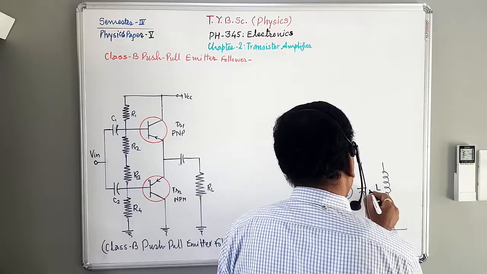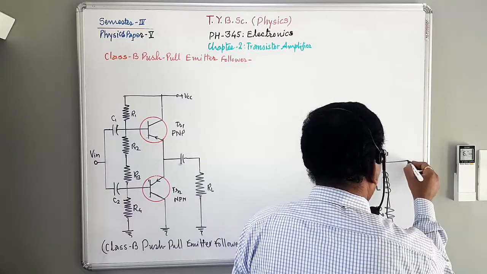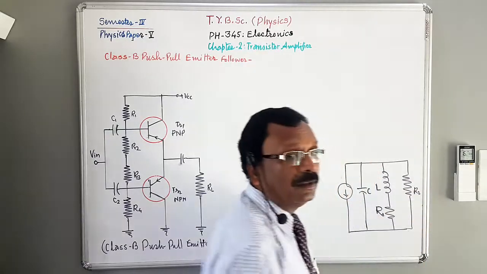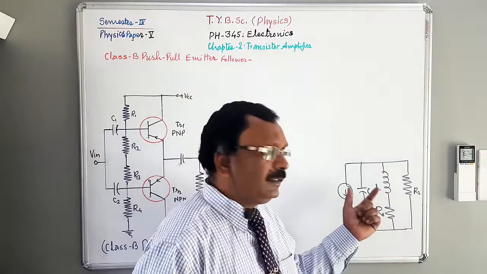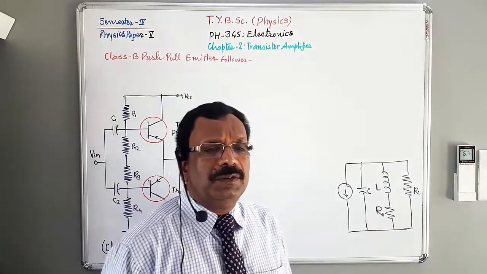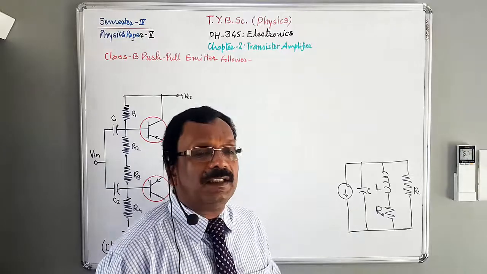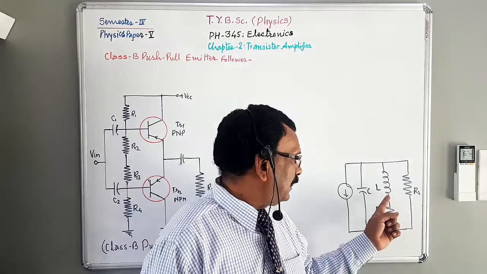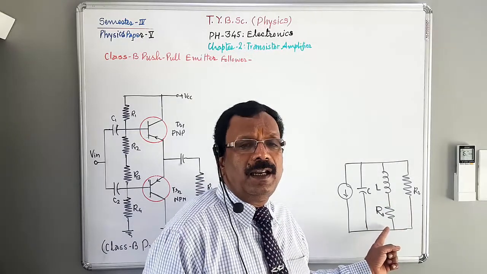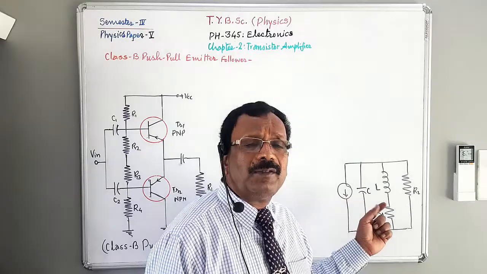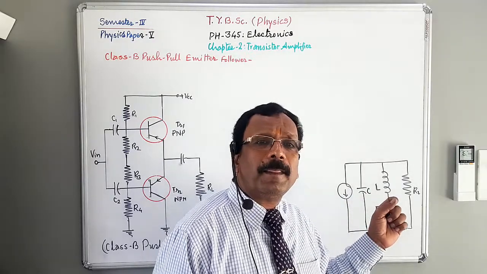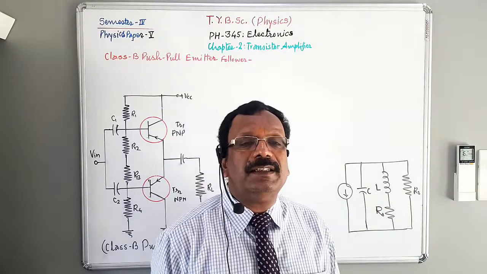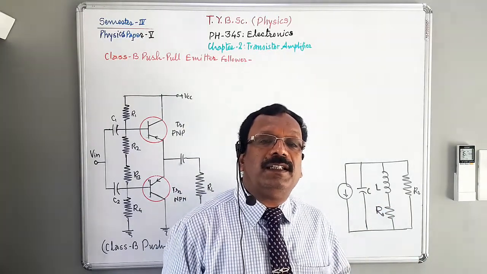This is inductor L, this is the capacitor, and then there is a load resistor RL. This circuit gives the series equivalent resistance for the inductor. Now here the inductor has a series resistance RS, and this is a series resonant circuit.